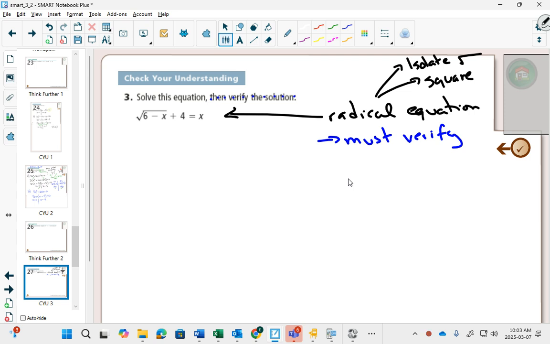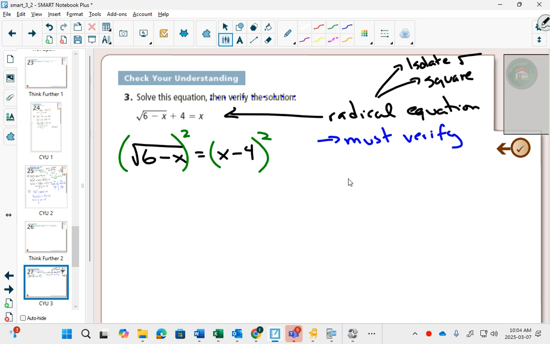So, I look at the equation. I have a square root. I need to isolate that square root, so I move my 4 over. This would allow me to square.